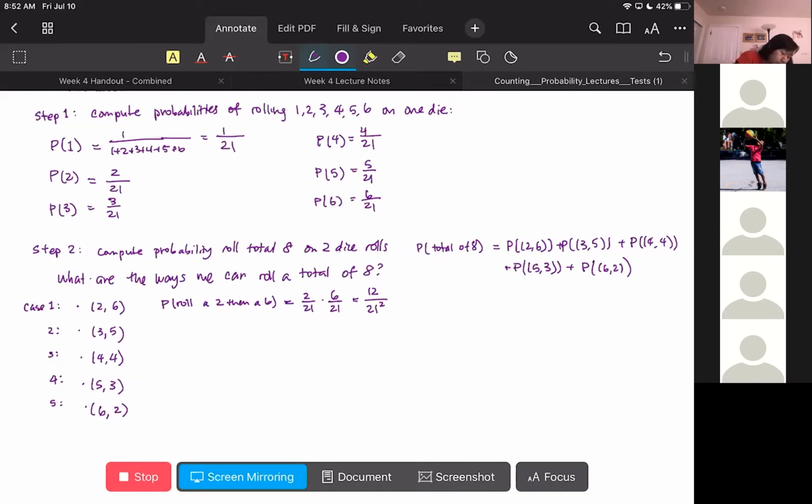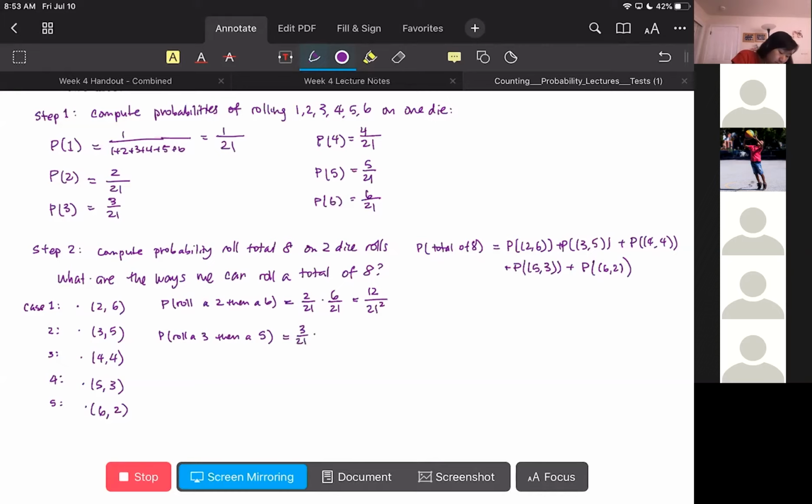Cool. So we could do the same idea for 3, 5. What's the probability we roll a 3 and then a 5? Three out of 21 times 5 out of 21.